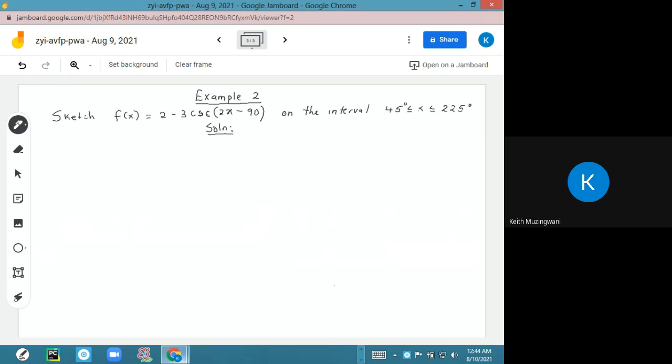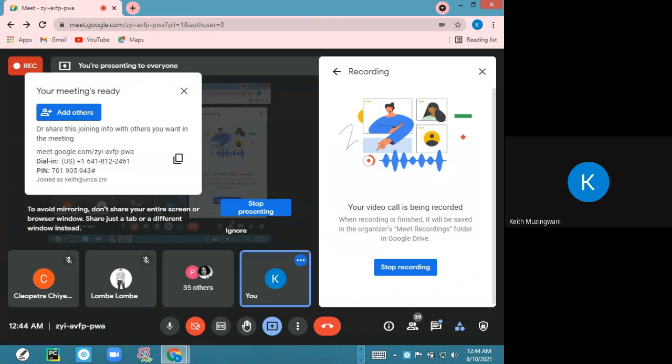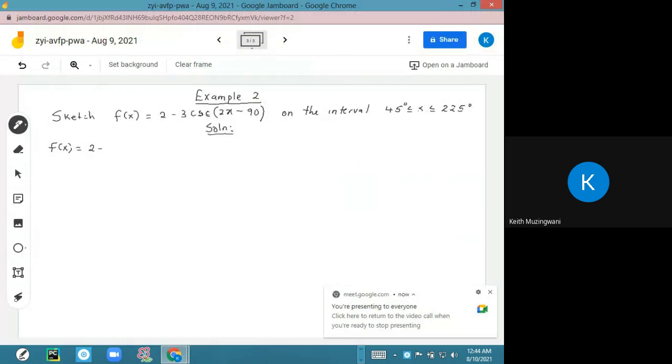So when you are asked to sketch cosec, the first thing you do to have the graph of cosec is to write the function as a sine function. That's your first thing to do.